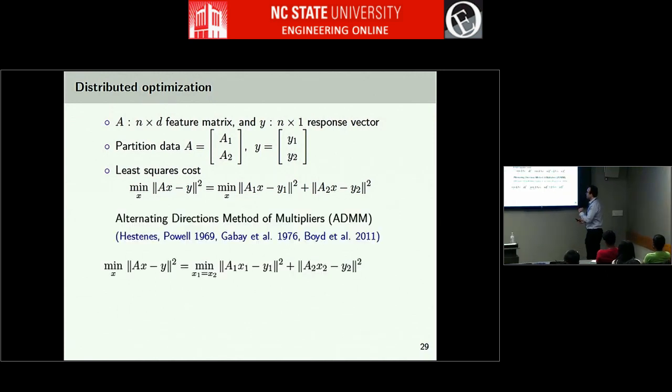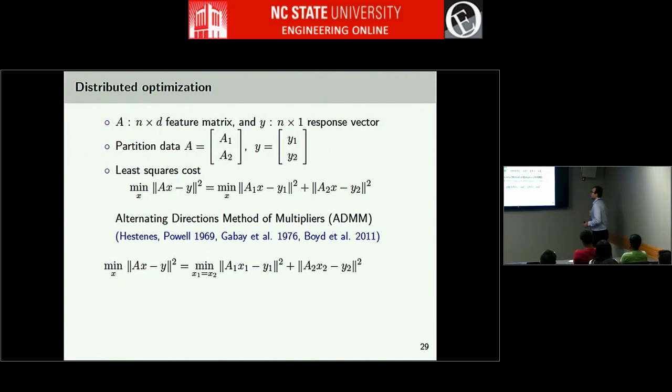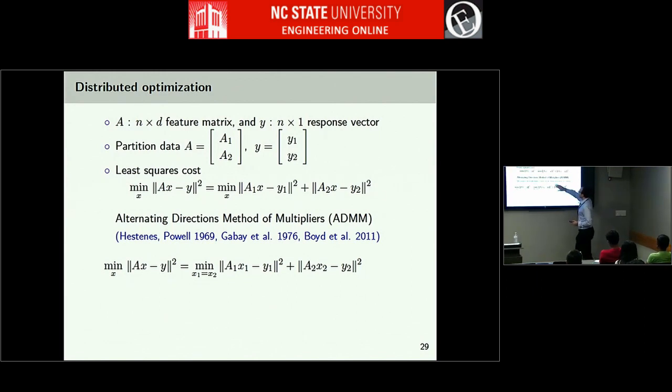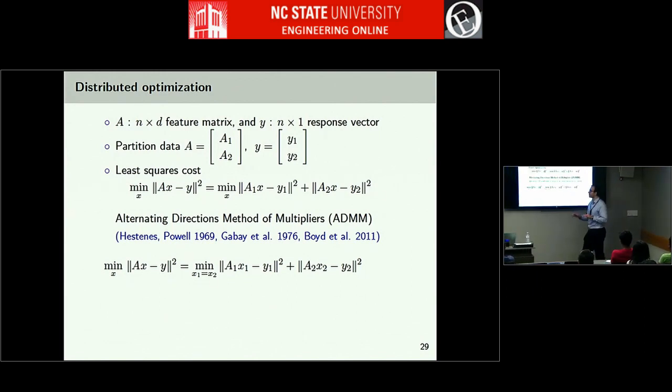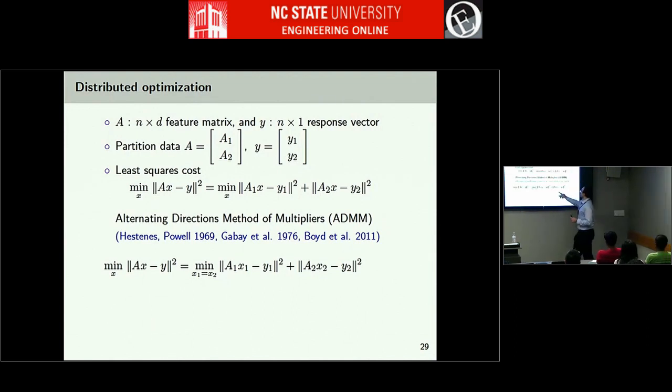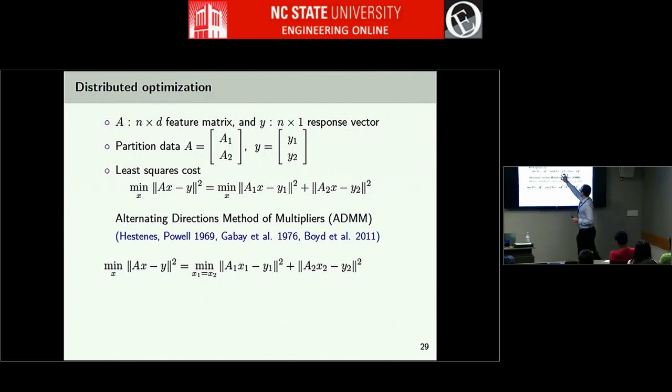And the ADMM algorithm, alternating direction method of multipliers, is actually very classical. It's very well fit for these types of problems where you have A1 and A2 on different machines or different threads. So the idea is very simple but extremely powerful. You just make this x two different variables, call this x1, call the other one x2, but enforce equality. It's the same problem, right?